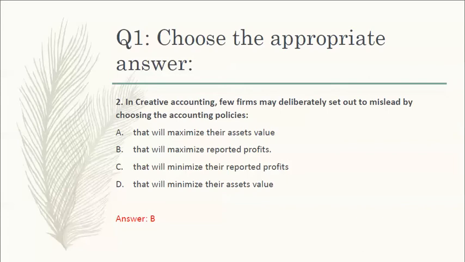Second question. In creative accounting, few firms may deliberately set out to mislead by choosing the accounting policies. The choices that we have: A, that will maximize their asset value; B, that will maximize reported profits; C, that will minimize their reported profits; D, that will minimize their assets value.